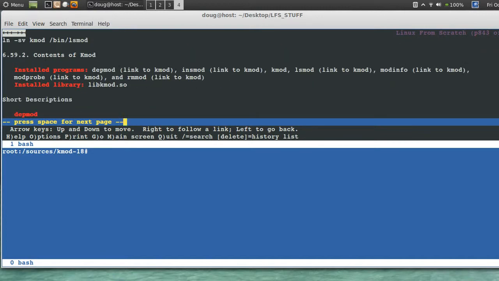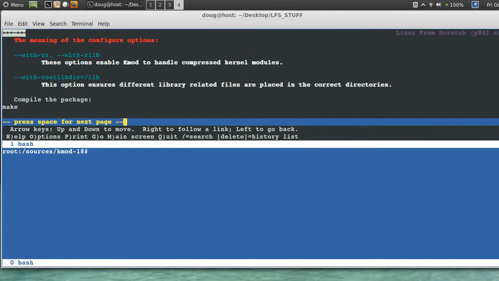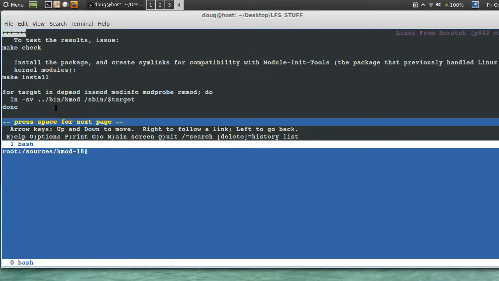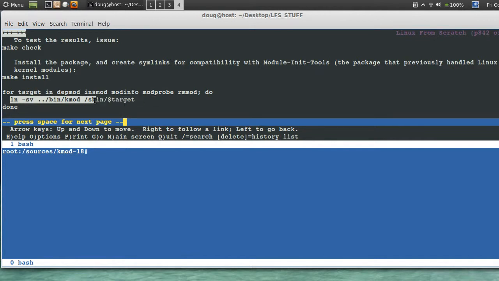Alright, so Kmod is done. And like I said, with this documentation here, if you're not using tab to auto-complete as you're going along, you would have severely screwed up your system. I imagine a lot of people who don't know about tab completion would screw up their system, and screw it up really good.